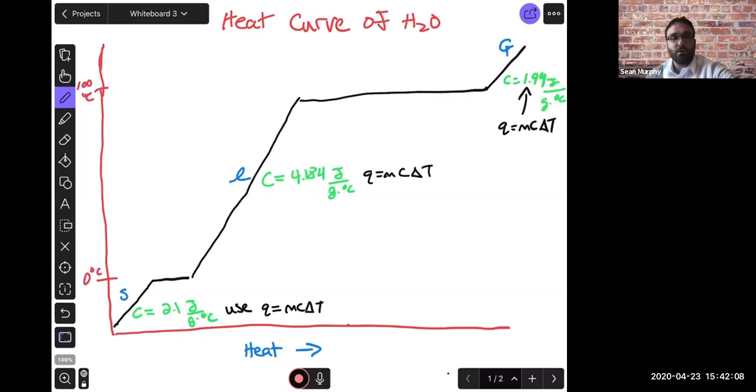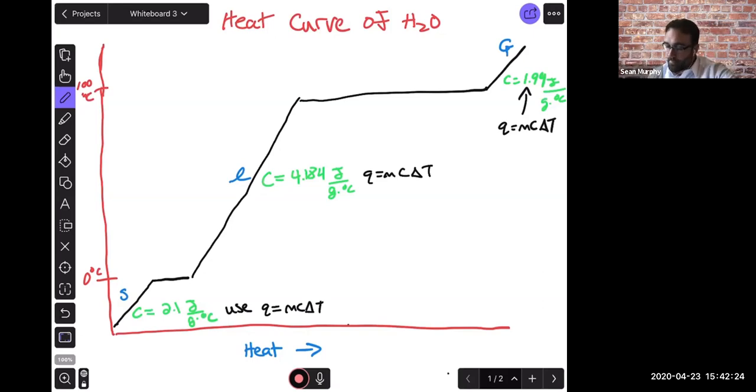So we know that we're going through a transition phase at 0 degrees Celsius. It's kind of slushy. If it's going from left to right, it's absorbing heat. If it's going from right to left, it's releasing heat.